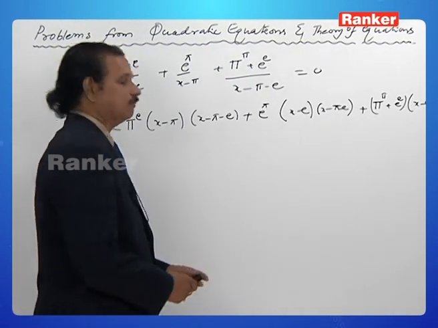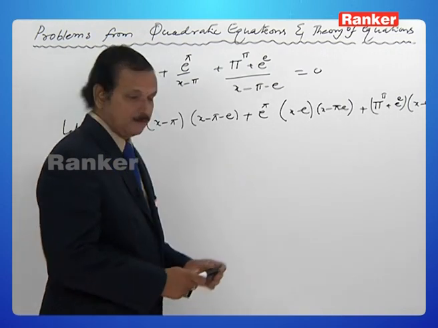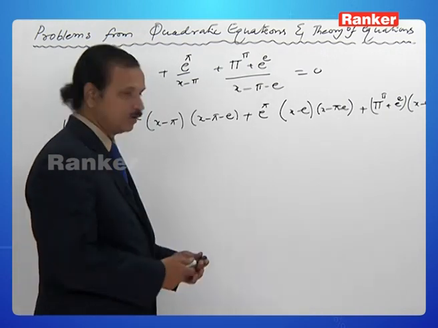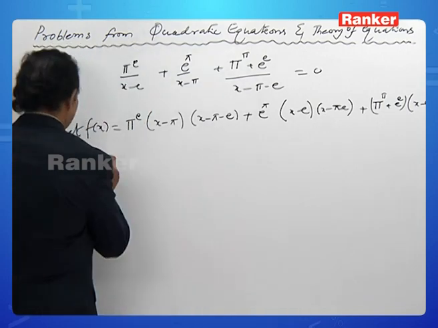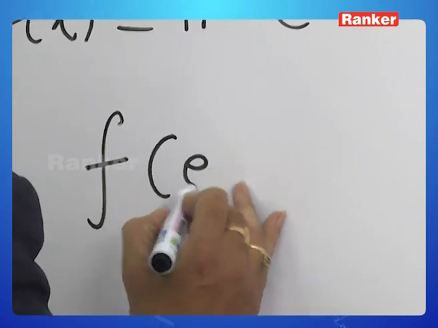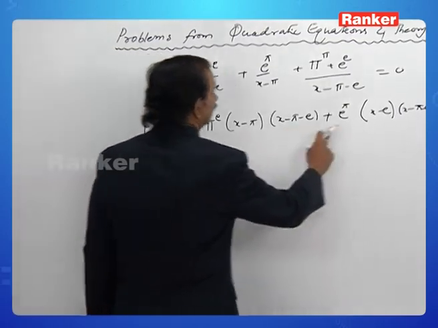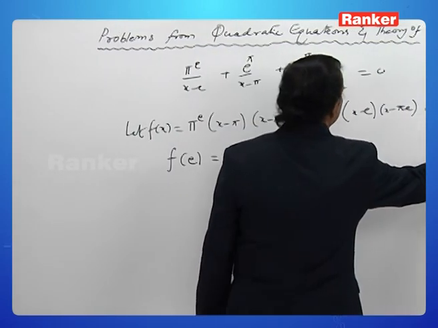Let us recollect the mean value theorems in continuity. This is a continuous function. Moreover, let us observe what is f of e. e minus e is 0, e minus e is 0.